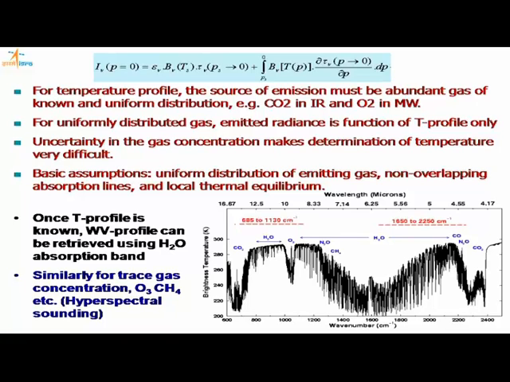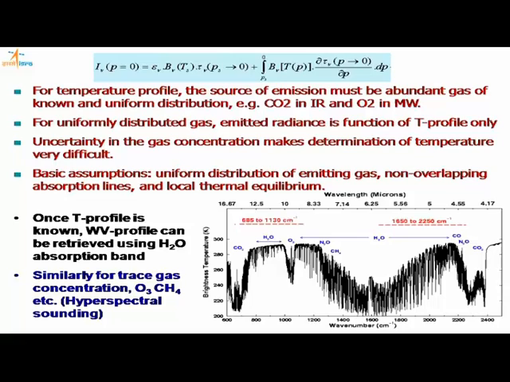So in this equation, if we have 10 or 100 observations in this band, we have 100 radiance measurements. The radiance is a known quantity, so the only unknown quantities are the surface temperature and the temperature profile.